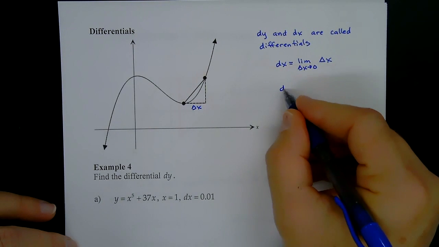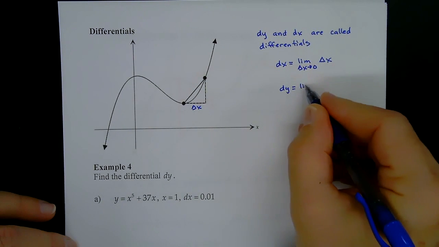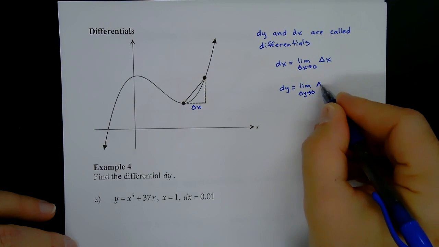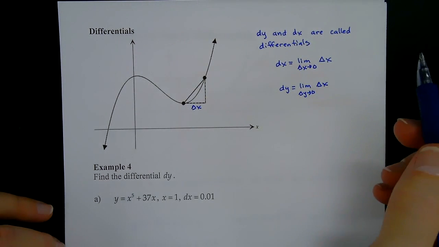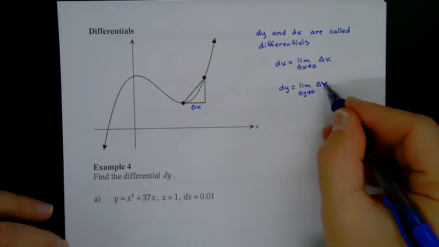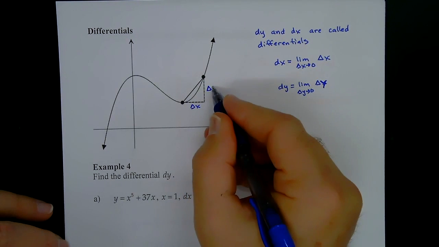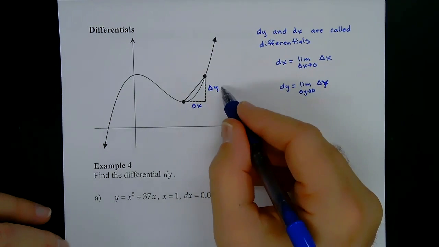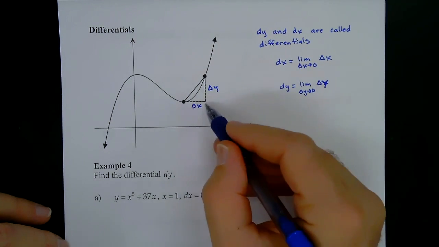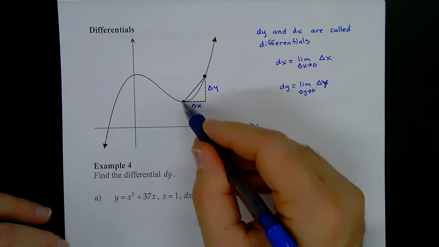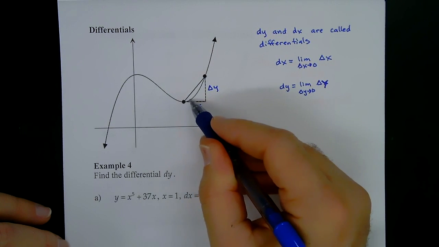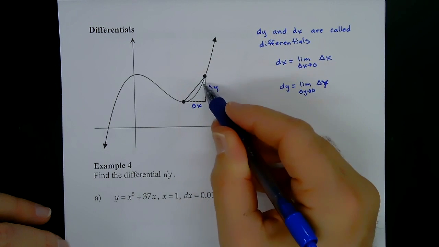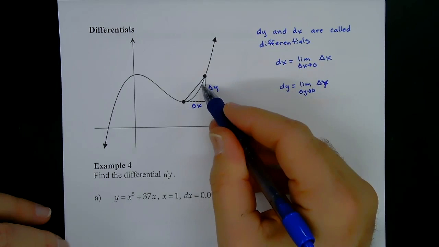And dy is equal to the limit as delta y approaches 0 of delta y. So here's my delta y. If you make one go to 0, the other one goes to 0, because you're making this point get closer and closer to this one, and the delta y is actually shrinking too.